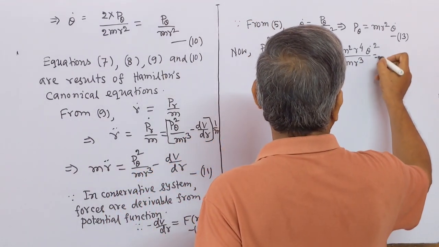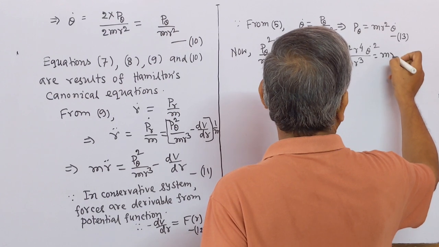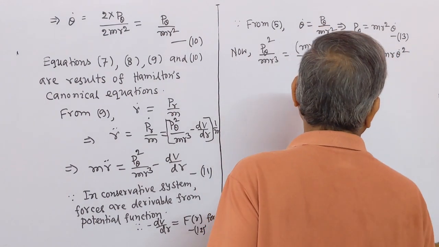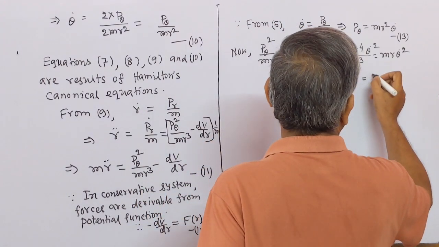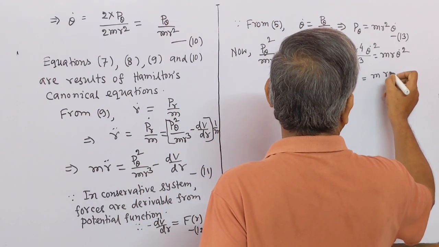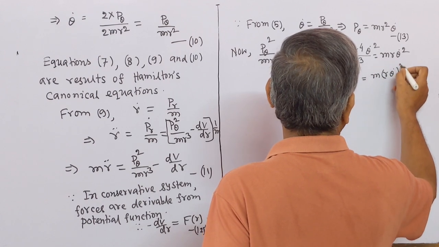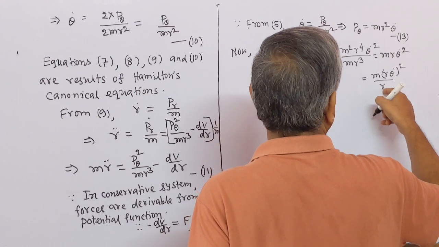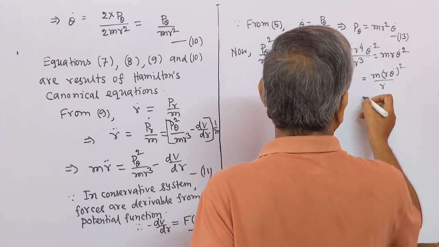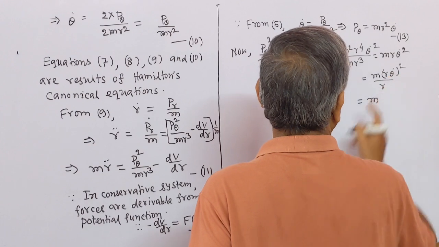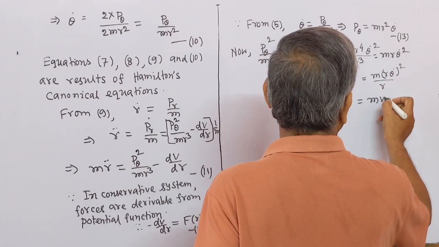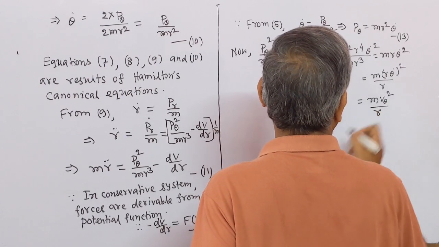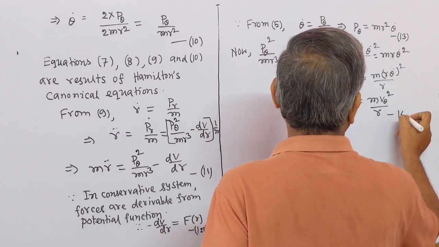This is equal to m r theta dot square, which is m (r theta dot) whole square. Here r, here r square and here r; one r cancels, one r remains. And this will be equal to m (r theta dot) square, equal to m V theta square by r. Let this be number 14.